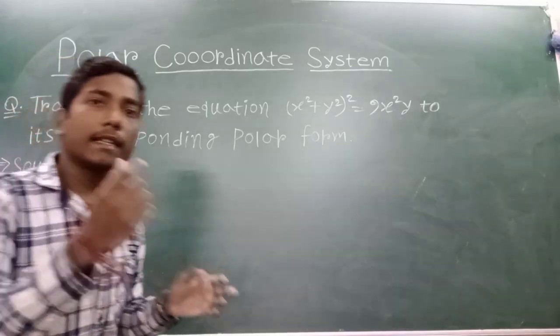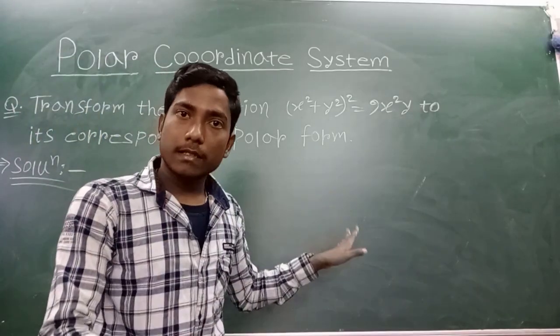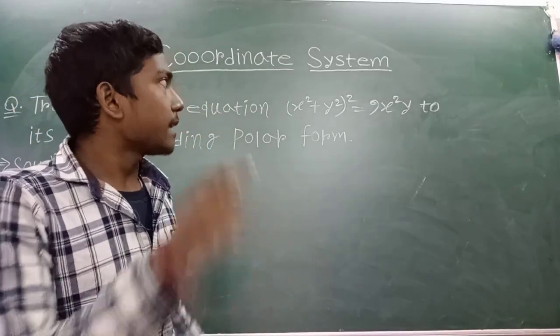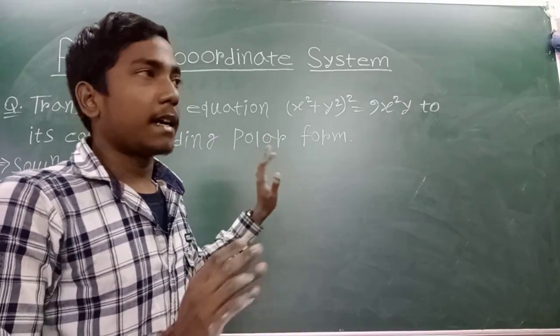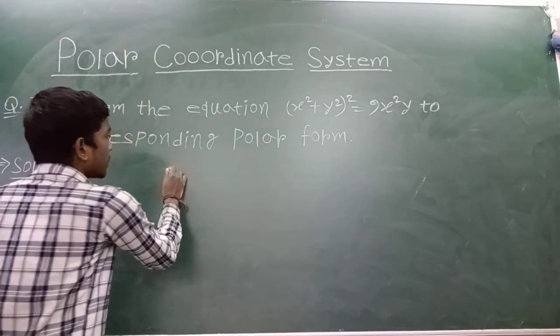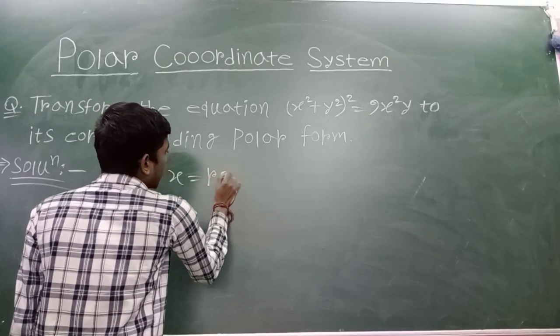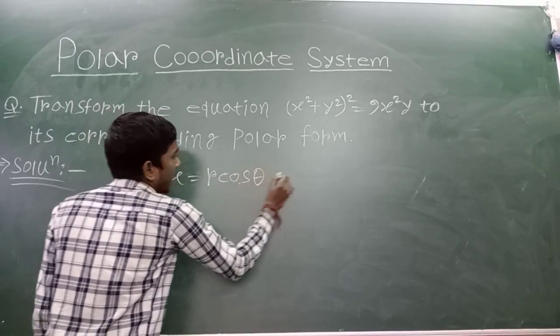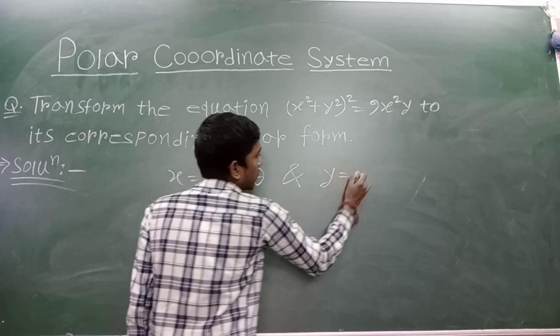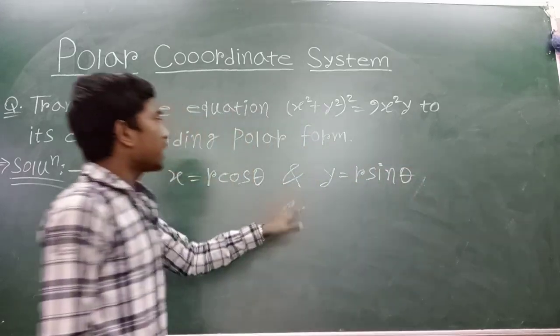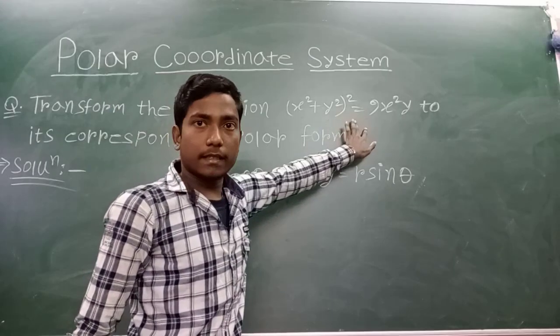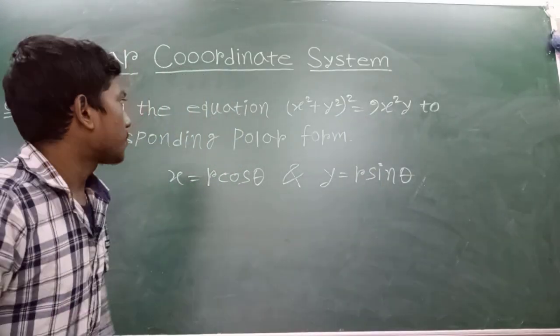If we take any point in Cartesian plane and denote it by x, y, the same point is denoted in polar system of coordinates by r, theta. Then we know the relation that x is equal to r cos theta and y is equal to r sin theta. Now we can replace this x and y in this equation and we will get the required polar equation.